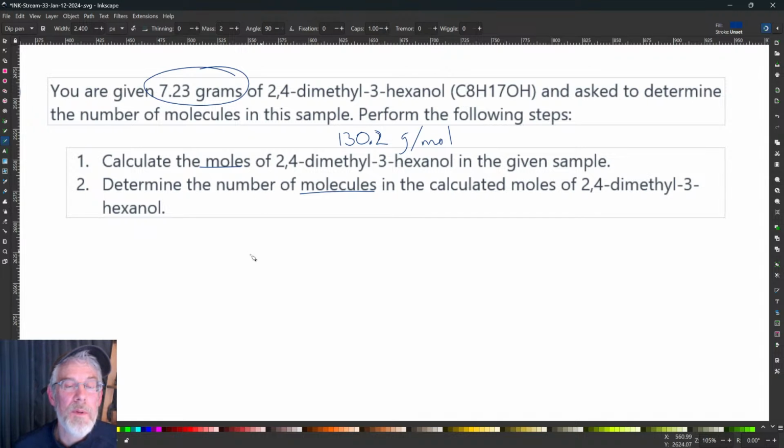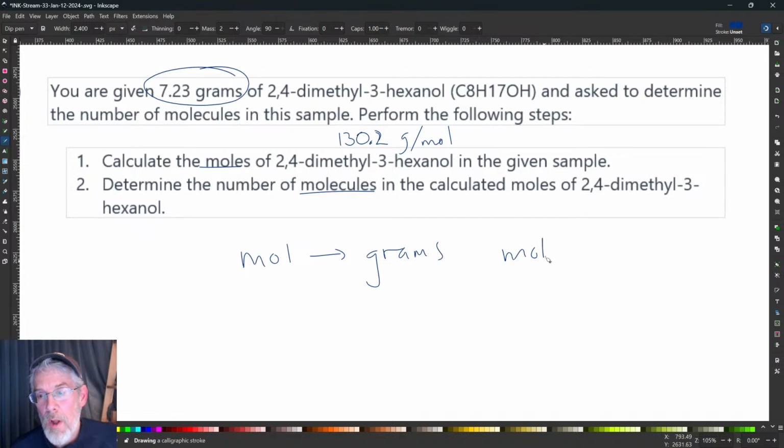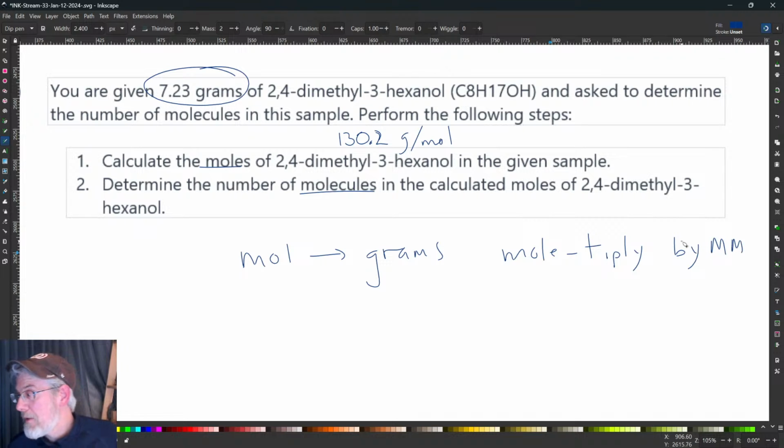So remember this, if you're going from moles to grams, you multiply by the molar mass. If you can remember that, you're in good shape, right? Because moles to grams you multiply, grams to moles you divide by the molar mass.